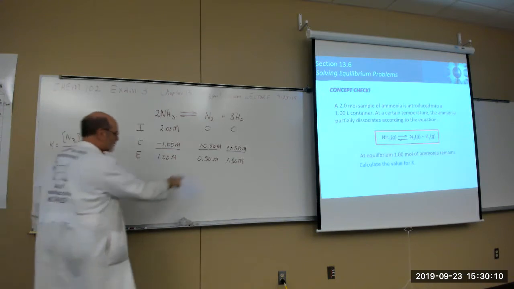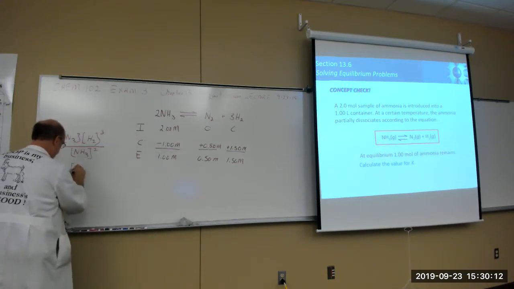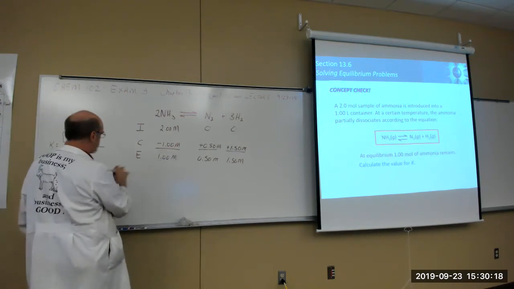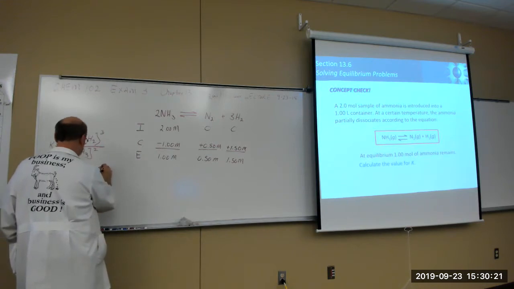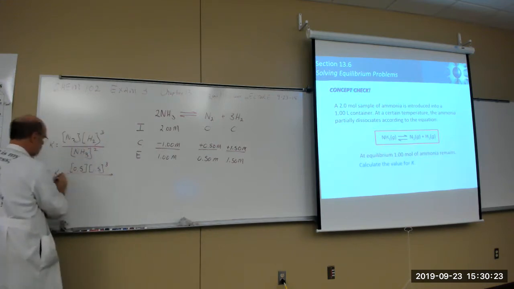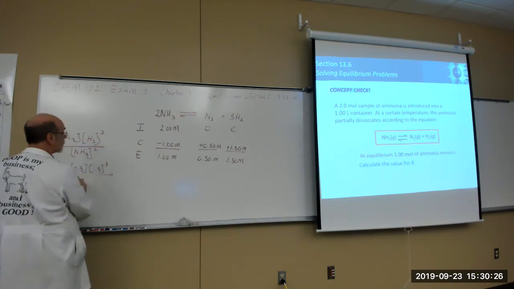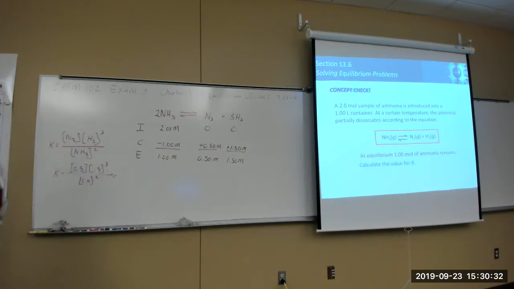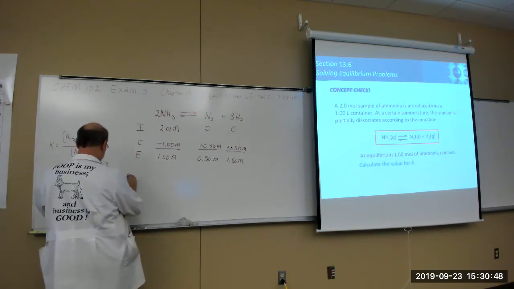The concentration of nitrogen is a half, hydrogen is 1.5 cubed, and ammonia is 1 squared. So 1.5 cubed, times 0.5, divided by 1. I get 1.688.